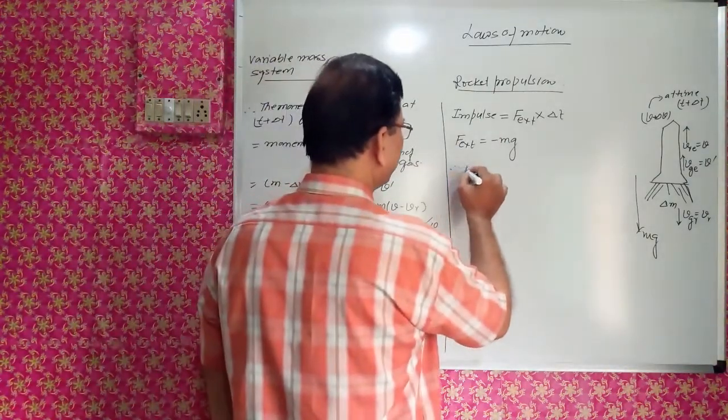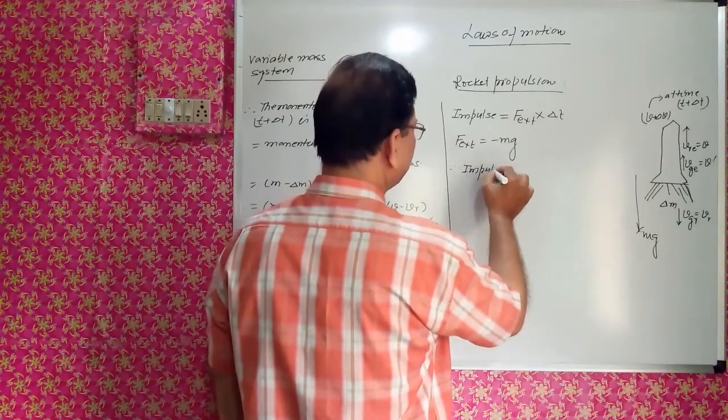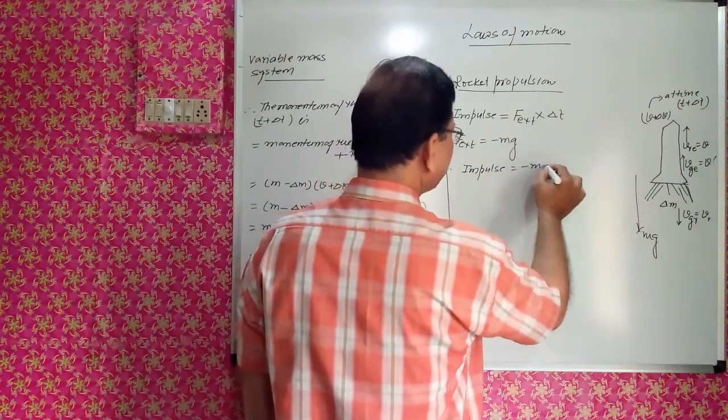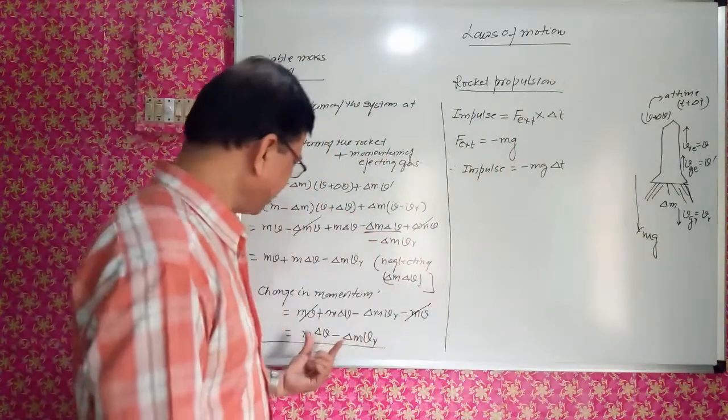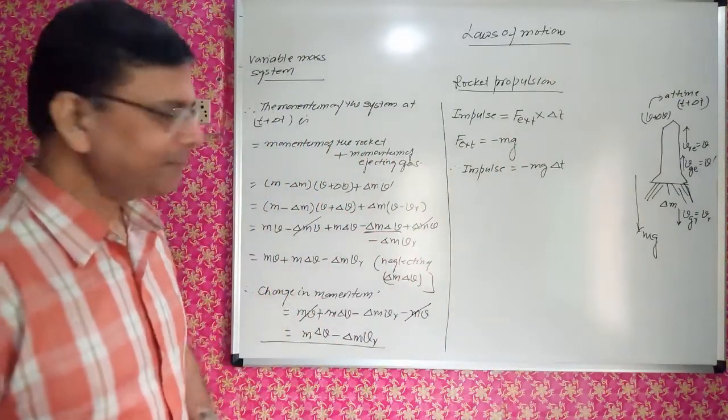Therefore, impulse is equal to minus mg delta t, and this impulse is equal to change in momentum, that we know, right?